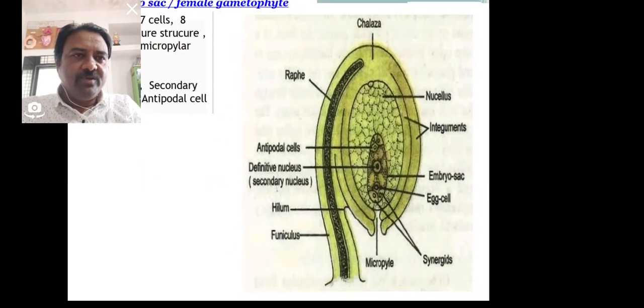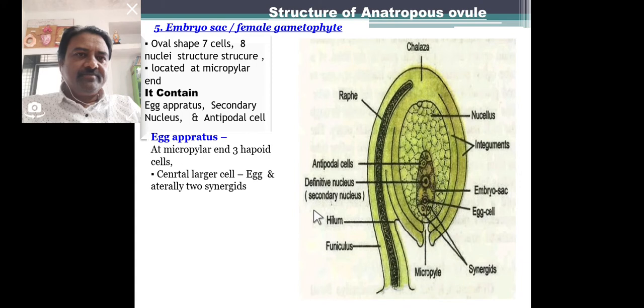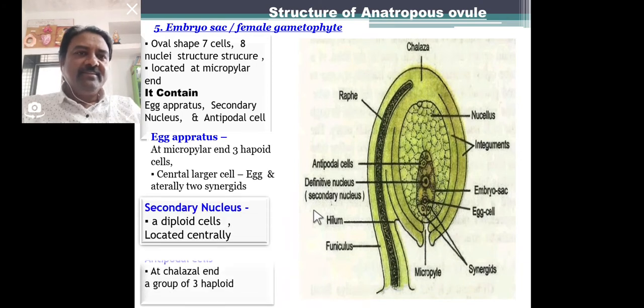Now in the embryo sac, the egg apparatus is clearly seen, the secondary nucleus is also clearly seen, and the antipodals are also clearly seen.